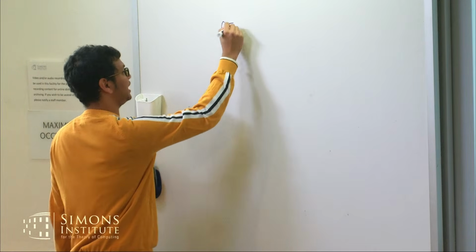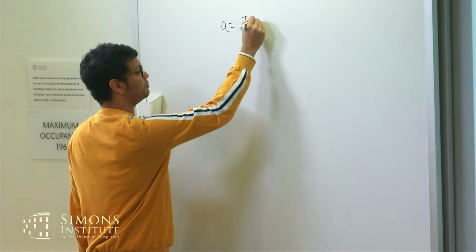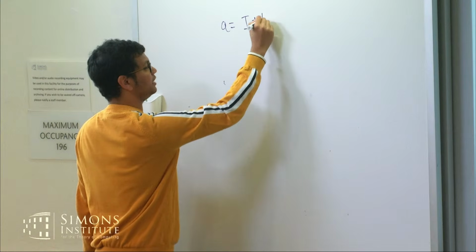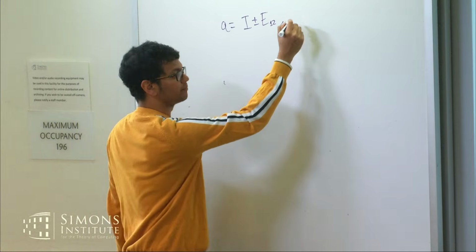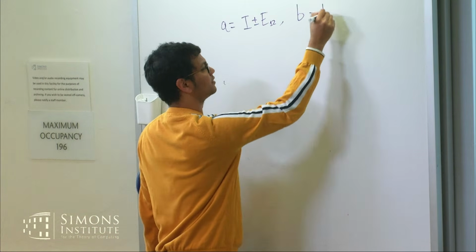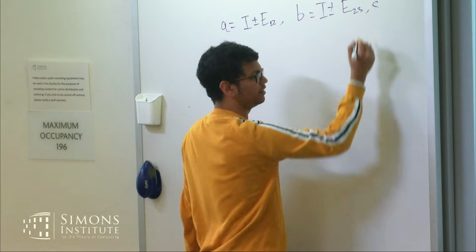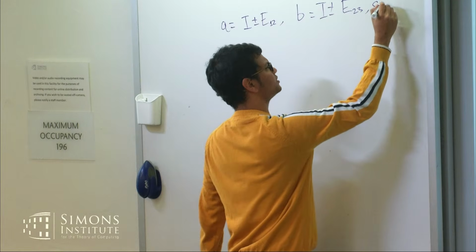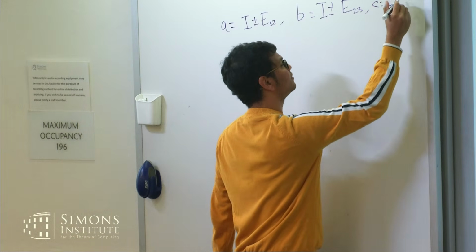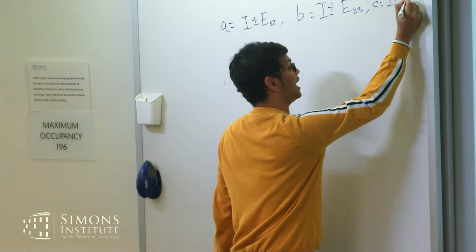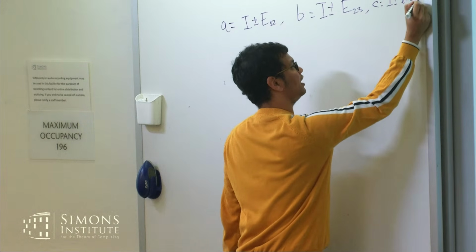I'm going to use A to denote identity plus minus E12. B is identity plus minus E23, and then C is the final one, which is identity plus minus this variable x times E31.